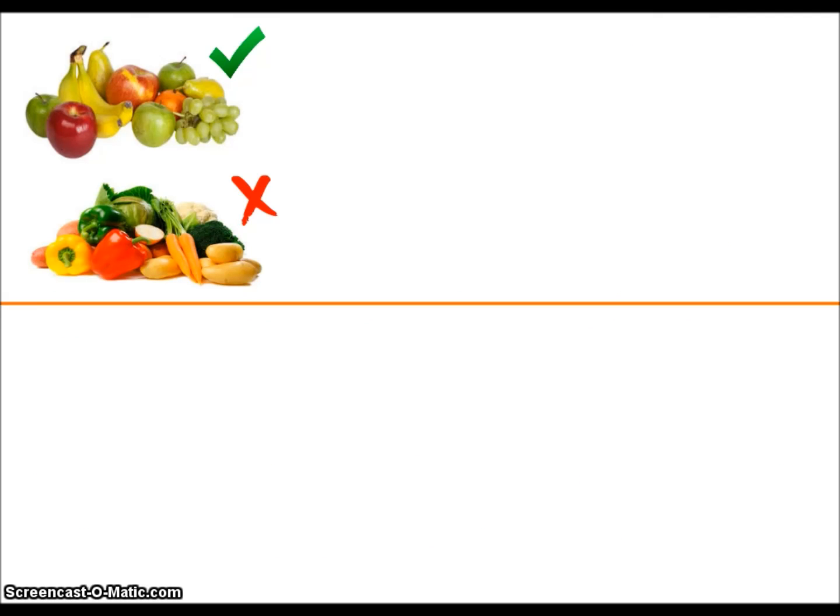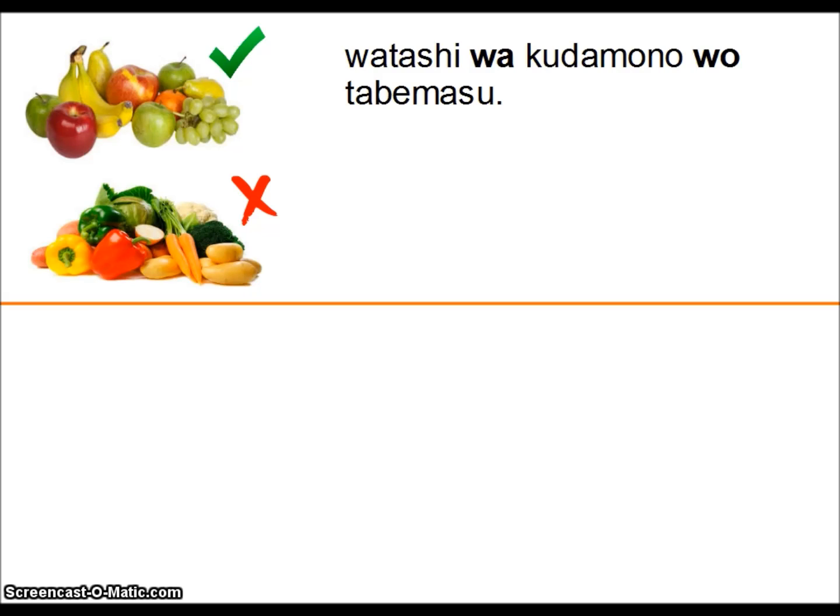So let's look at some examples in a sentence. First, we've got this picture of a fruit and it's got a check mark by it, so obviously fruit is good, but then the vegetables below it, vegetables are dame, we don't like vegetables. So let's explain this in Japanese. Watashi wa kudamono o tabemasu. This is still following the same form that we've been doing. Subject wa, something o, verb.